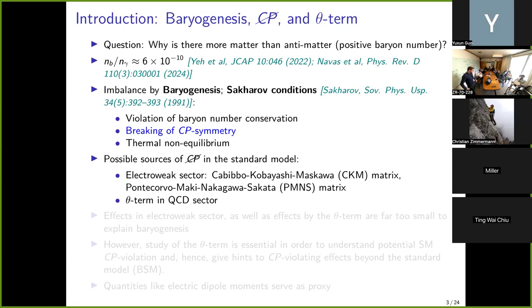There are two possible sources in the standard model where CP can be violated. One that is actually part of the standard model is in the electroweak sector, through the CKM matrix, and they are now going for the leptonic sector, the PMNS matrix. The other is the theta-term, which is a possible extension of the QCD sector in the standard model.